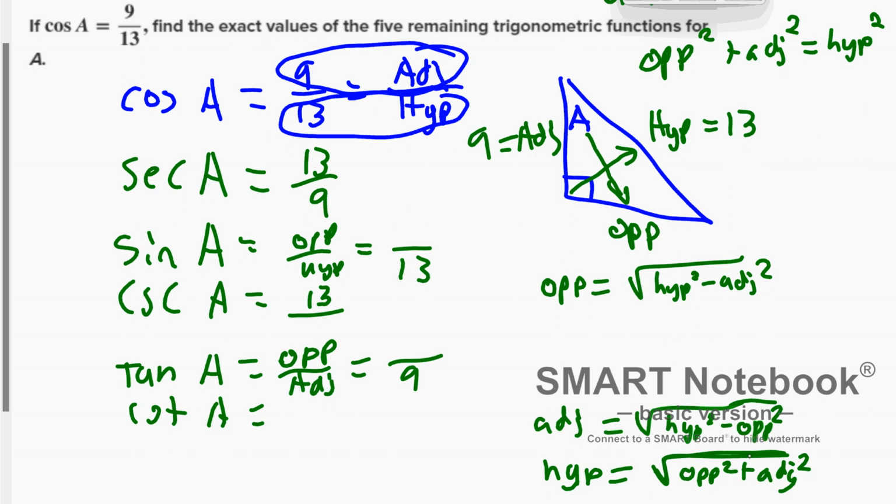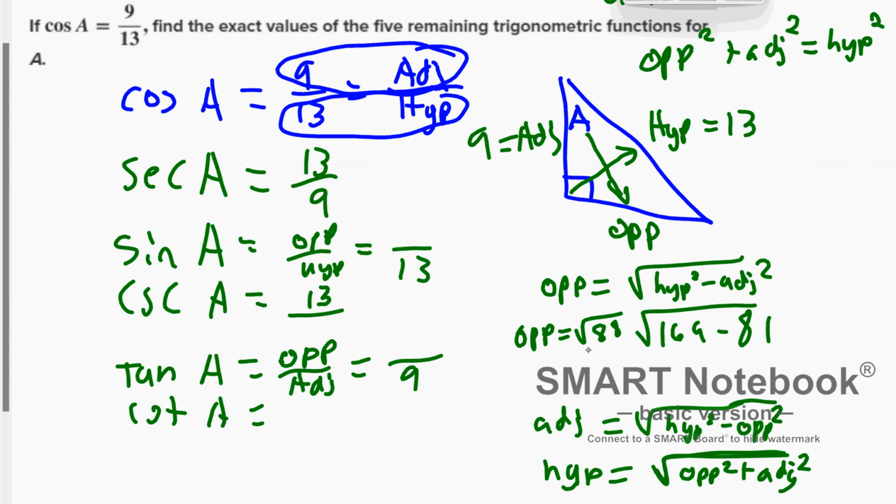Okay, so here we're dealing with 13 squared is 169, and then 9 squared is 81. So if I take 169 and subtract 81, I get 88, and then I'm going to square root that. So opposite is the square root of 88, which breaks down, and I can put 4 into both of those, right? So 4 goes into both.